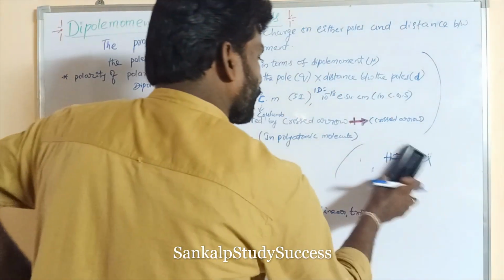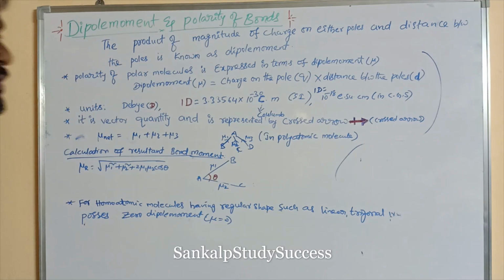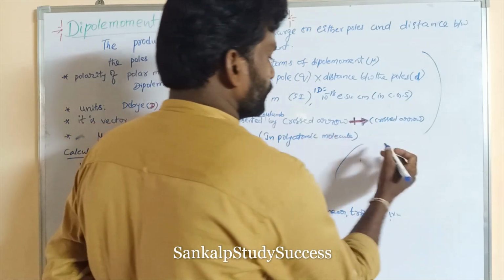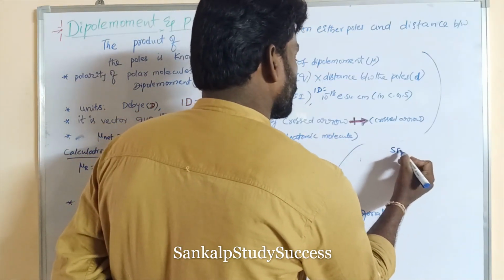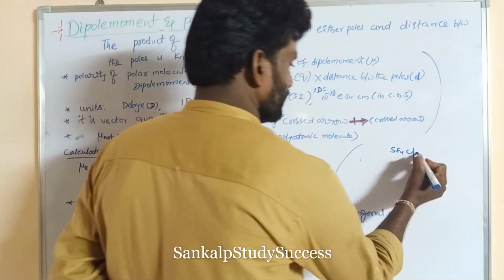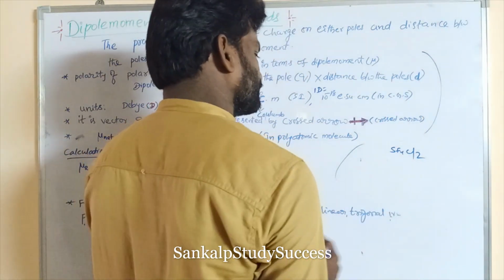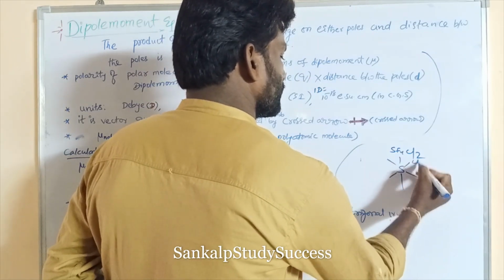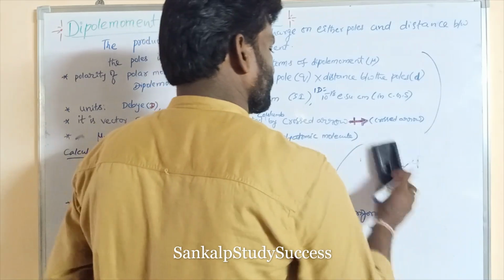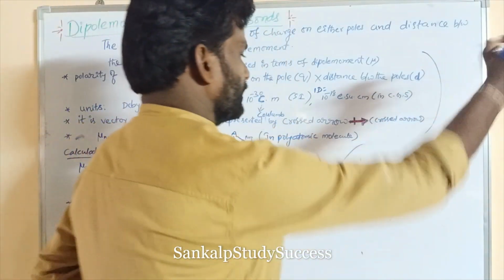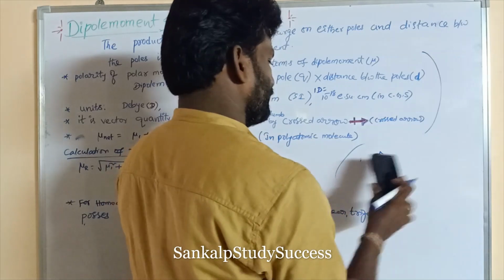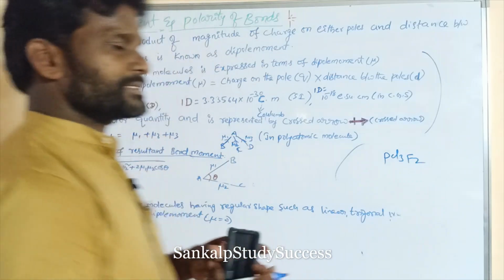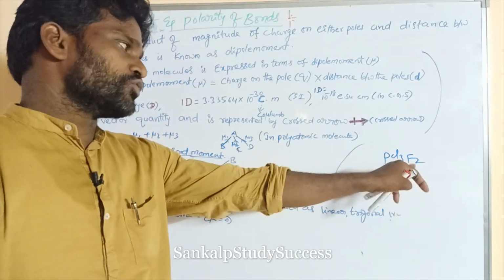Now if we take a polyatomic molecule, meaning a molecule containing a number of atoms, for example SF4Cl2 or PCl3F2, this is a polyatomic molecule containing many atoms.